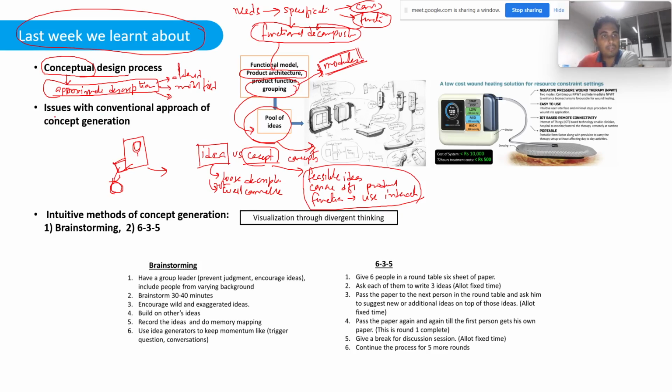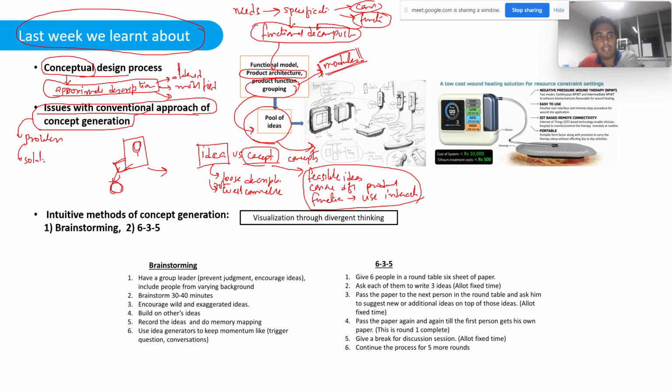Then we discussed various issues of the conventional approach to concept generation. The conventional approach is where we do not use any sort of systematic methodology for concept generation. The way we earlier used to develop concepts is that, if we are from some particular background, straight from the problem we try to come up with some sort of solution.